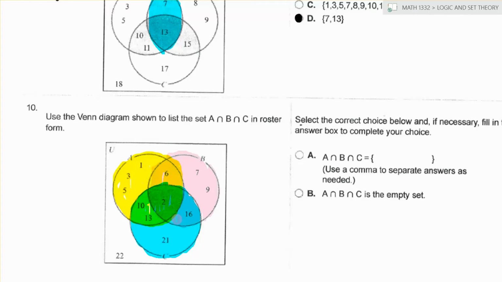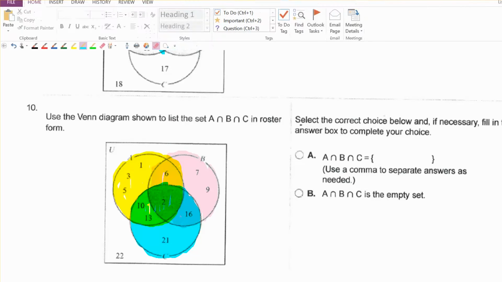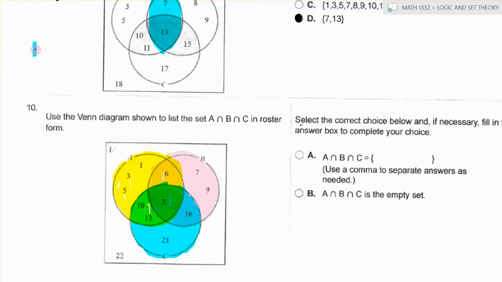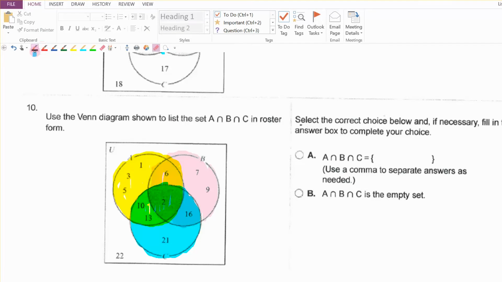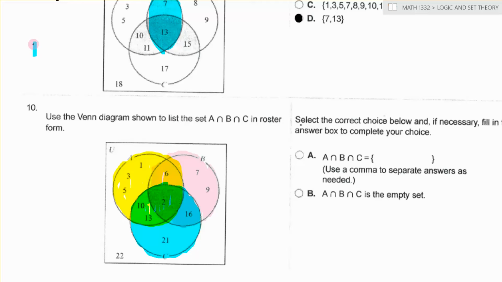The part that got colored 3 times is the only part that has elements in all of them. And it's right here. So there is only one element, which is in A and B and C. It is this triple overlap. It has the element 2.